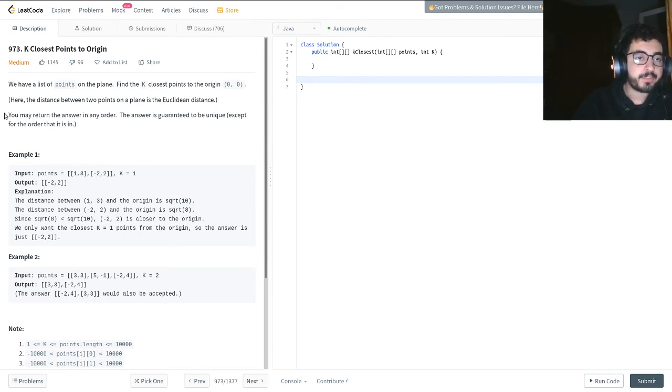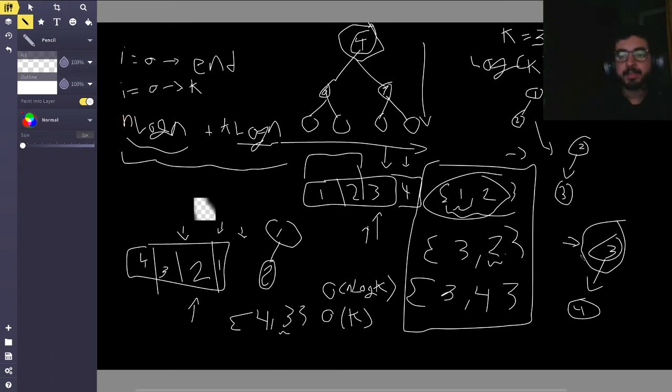You may return the answer in any order. The answer is guaranteed to be unique except for the order that it is in. So basically it tells us, hey, return 4. In the previous question, it meant return 3 and 4, or 4 and 3. It just gets me the top largest K numbers.